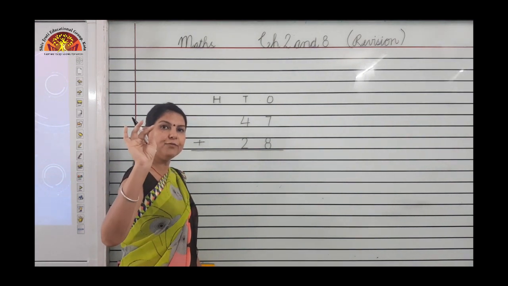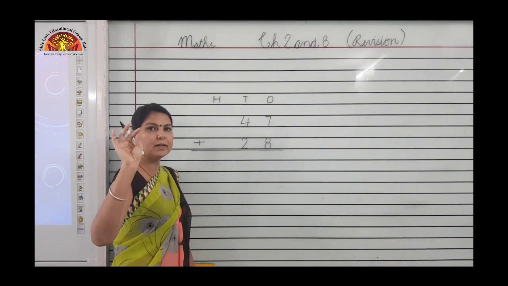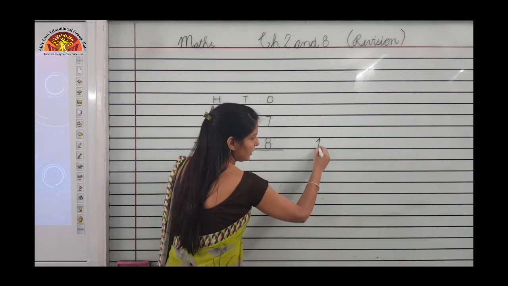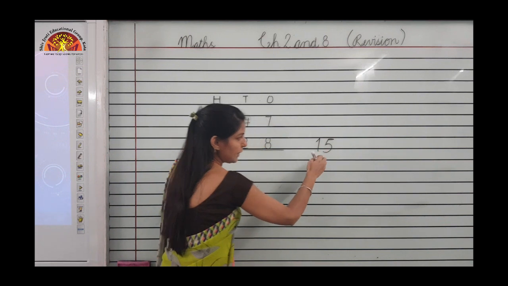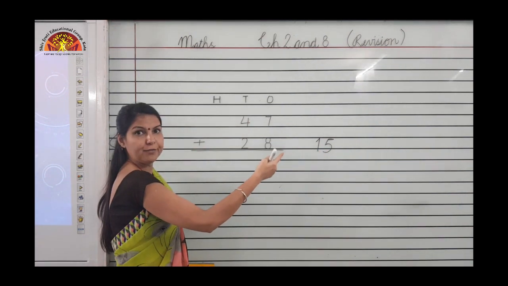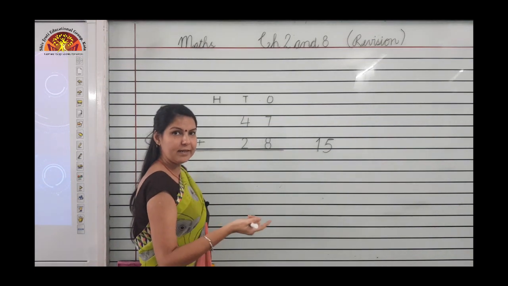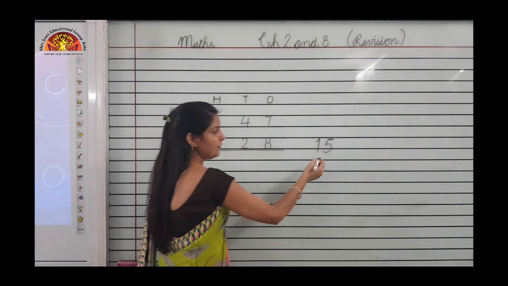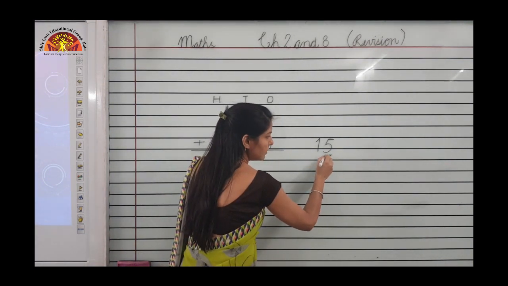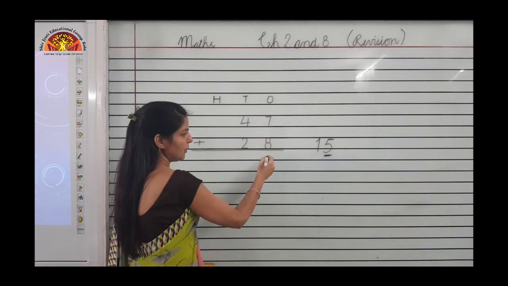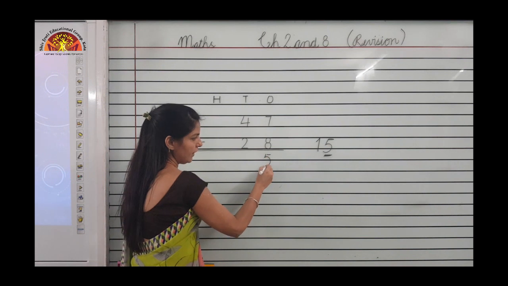Where will we stop? We will stop when 7 is coming in our finger. We get 15. This is bigger than 10. So what will we do? We will write the number which is at one's place here below 7 and 8.